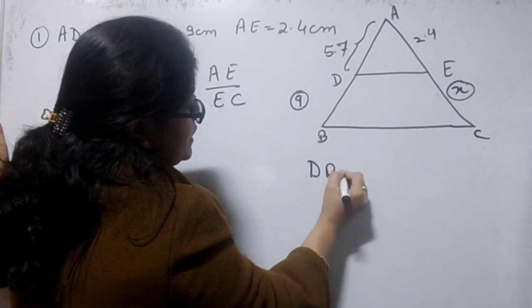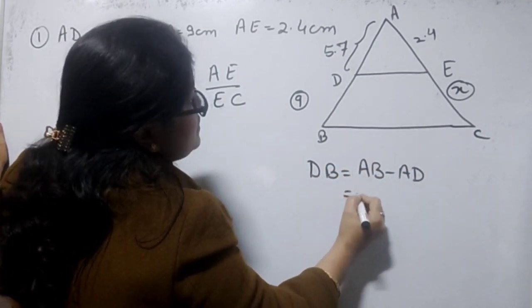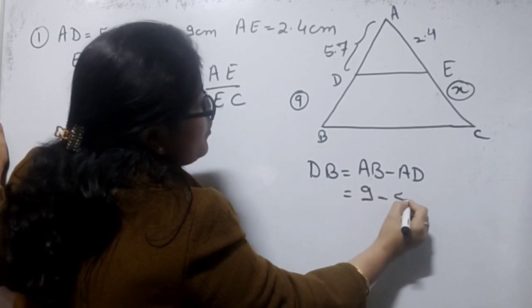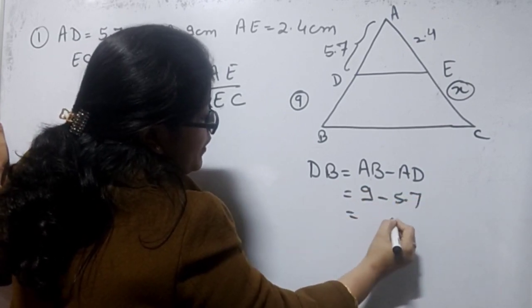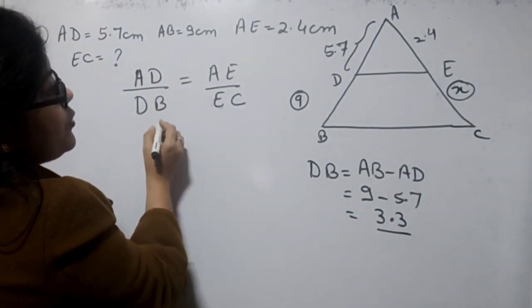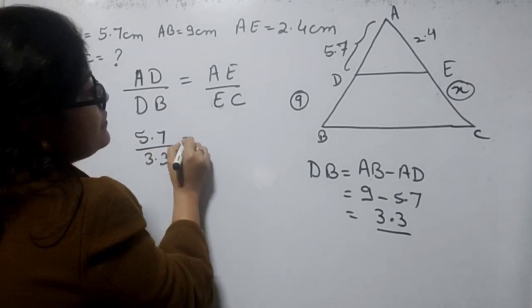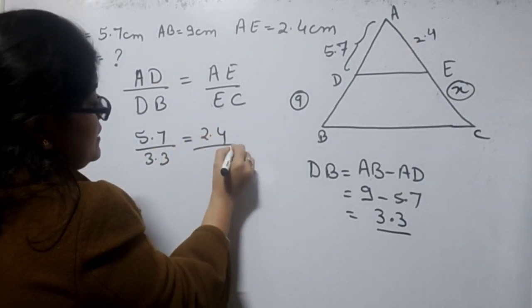So DB is equal to what? AB minus AD. That means we have 9 minus 5.7, which gives 3.3. Clear? So we put the different values: 5.7, 3.3, 2.4 and EC.